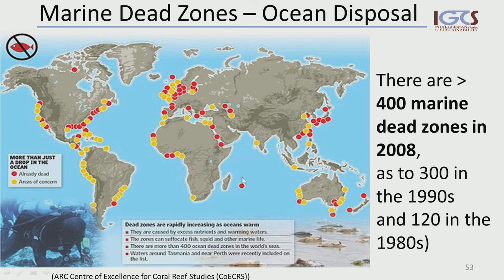So some of the areas which are not marked yet as marine dead are nowadays in a critical state and would be marked here at least with some yellow dots. So this is a major concern, loss of soil fertility and the dying of our aquatic life in our oceans. And we'll be talking about this along those lines in our next class.